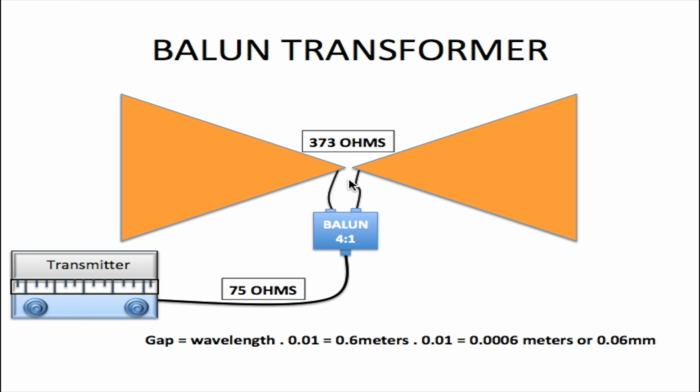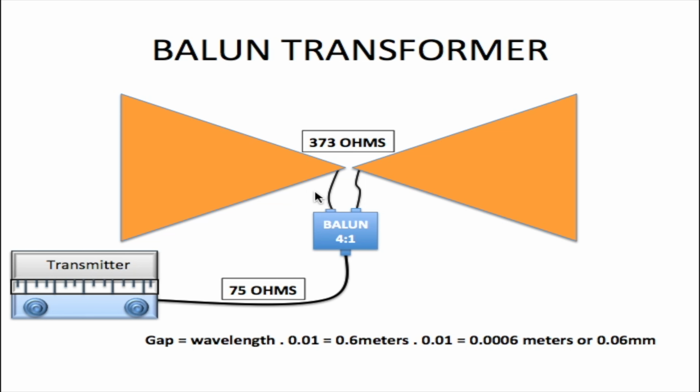You still couldn't connect your coaxial cable directly to the antenna because your coaxial cable is an unbalanced medium and your Bowtie antenna is a balanced medium. So you cannot connect an unbalanced medium to a balanced medium. You'll get some undesirable results. So in that case, even if they were the same impedance, you would need to use a 1-to-1 Balun transformer.